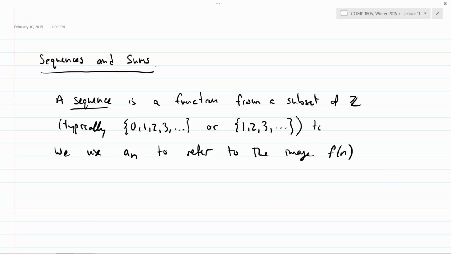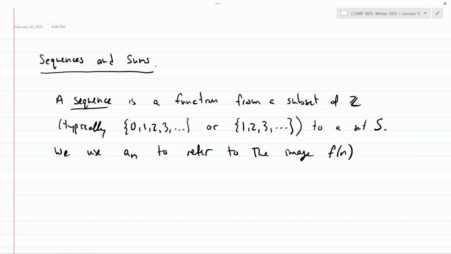It's to a set S. So really, a sequence is just like any other function, except the domain is usually the positive or non-negative integers, and we have this shorthand notation where we just say a sub n instead of f of n.